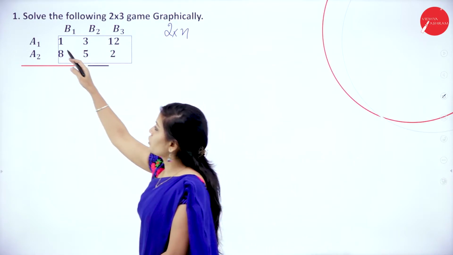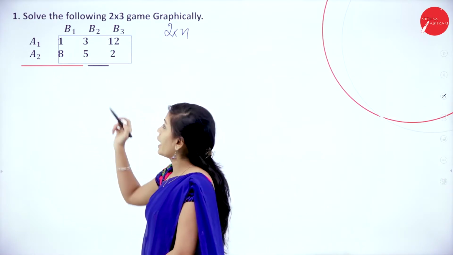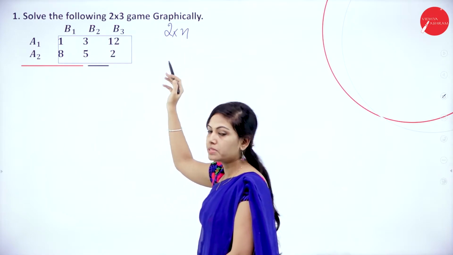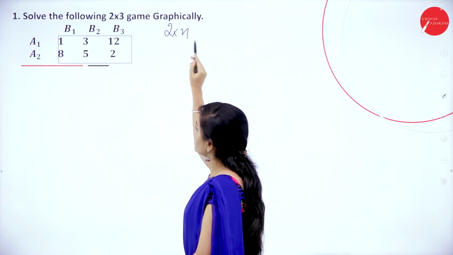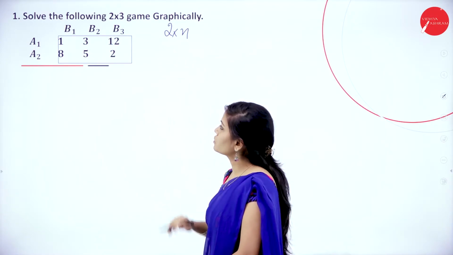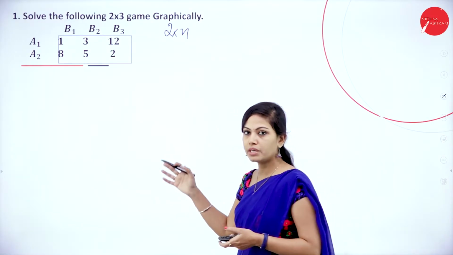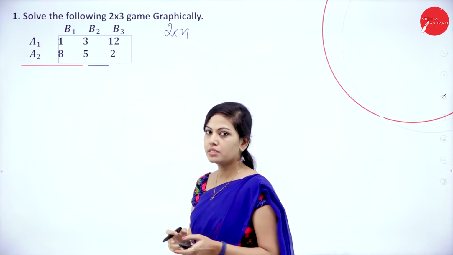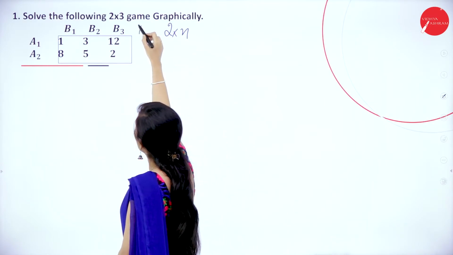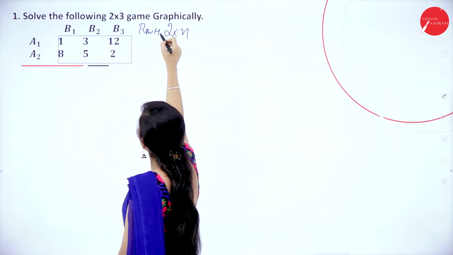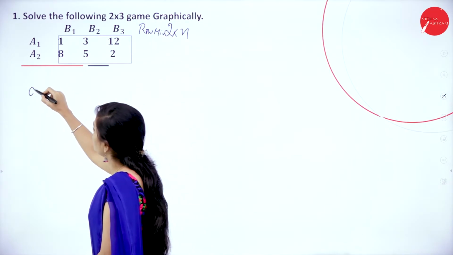We have 2 rows, that is player A, and n columns, that is player B. So how to solve this 2 cross n method by using graphical method? As we have done in the pure strategy and mixed strategy, here also we have to find the row minima and column maximum.